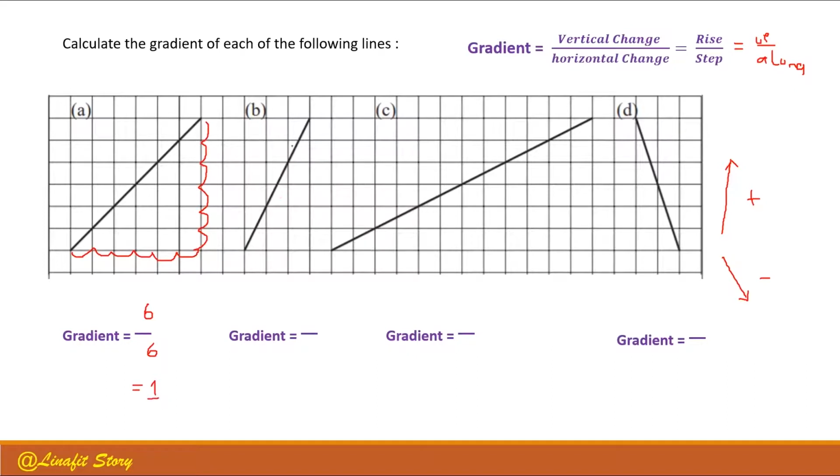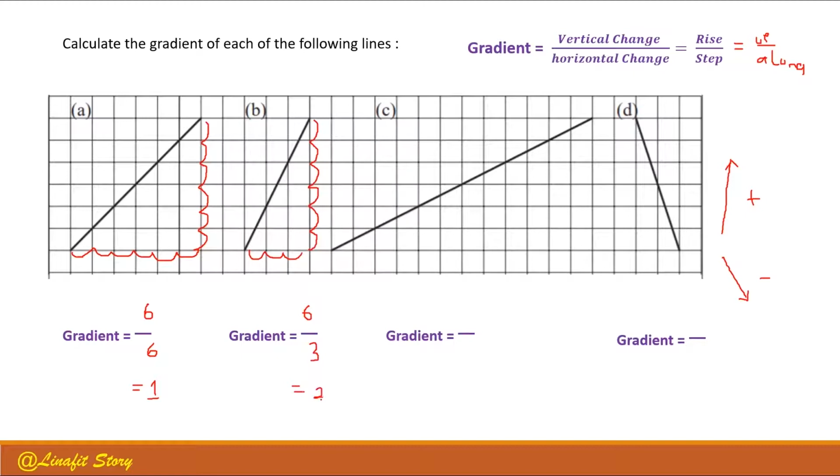B, the line slopes upwards. So the gradient is positive. So the vertical change is 1, 2, 3, 4, 5, 6, while the horizontal change is 1, 2, 3. So the answer is 6 divided by 3 is 2.